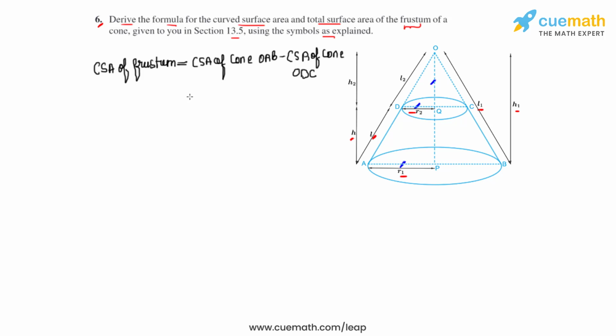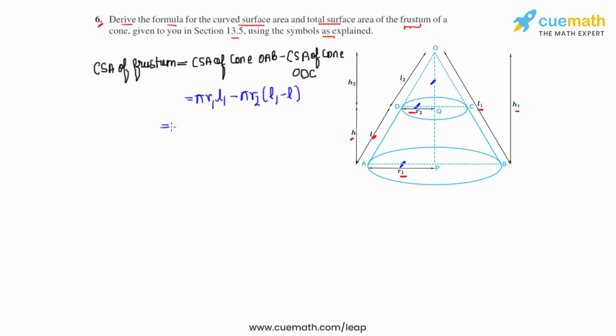So we substitute the formulas for these and write it as pi times R1 L1, that being the curved surface area of the bigger cone OAB, minus pi R2 multiplied by its slant height, which is L1 minus L.